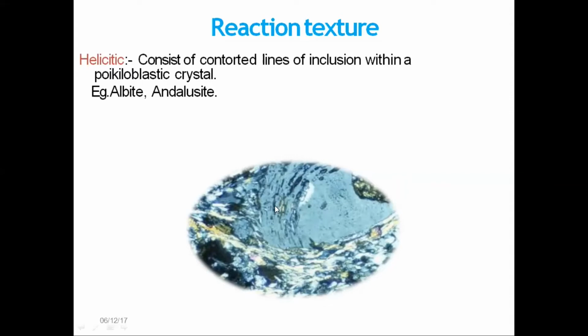And you can see these lines, they look like contours. And this type of texture we call halicitic texture. It is the result of a reaction between two minerals, can be albite and andalusite. And this shows the line of inclusion of two minerals as a result of the reaction that happened.